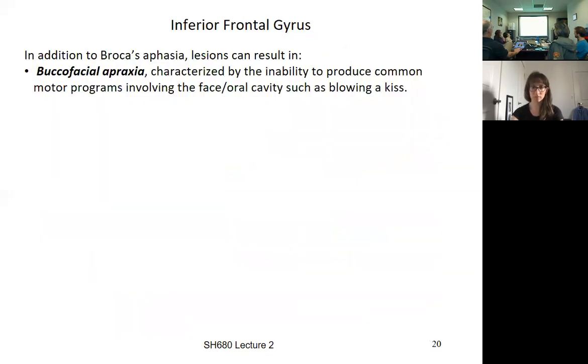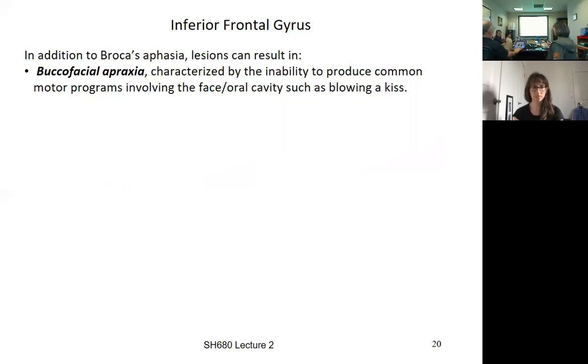Okay. Well, in addition to Broca's aphasia, if you lesion IFG, you get buccofacial apraxia, which is characterized by problems doing normal gestures with the face, like blowing a kiss or things like that, that involve a degree of coordination of the facial structure to carry out a motor program.